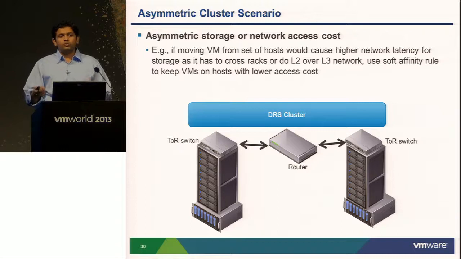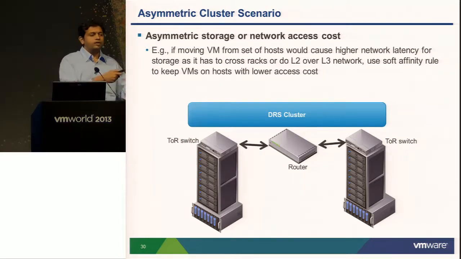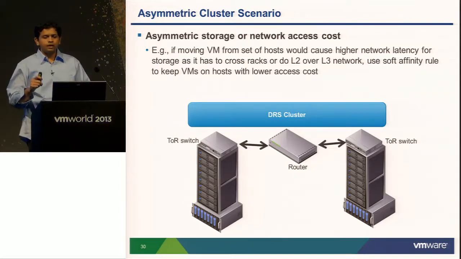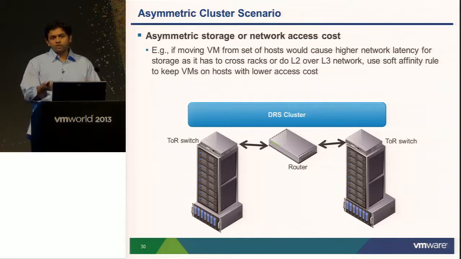DRS might also break the rule to satisfy other rules, or if a host is going into maintenance, like one of the hosts in the affinity set is going down for maintenance, and DRS cannot do that operation unless it breaks the rule and moves the VM to another host. If the rule is marked as soft, then DRS would do that.